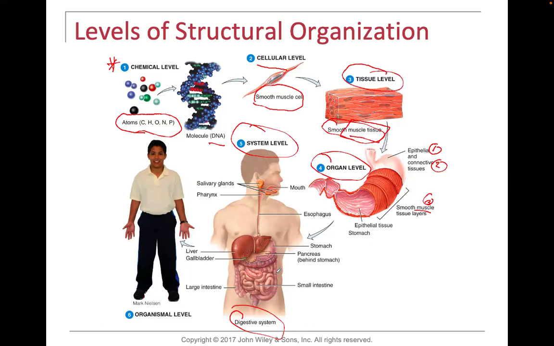So there's 11 different systems that I'll get into. And when all those systems come together, it creates the crowning creation of all, the organism. Okay, so make sure that you know the order of this, from smallest to largest or largest to smallest. You may end up seeing that on the test a little bit.